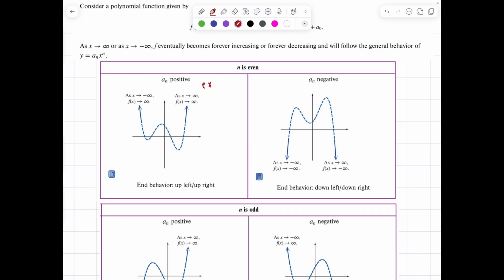So for example, if you have 3x to the 6th power, 2x to the 4th, 3x squared, these are all examples of what would follow in this. This one would be maybe negative 3x to the 8th, maybe negative 5x squared, maybe negative 1/2 x to the 4th, and etc.